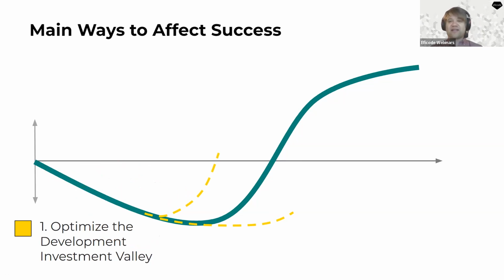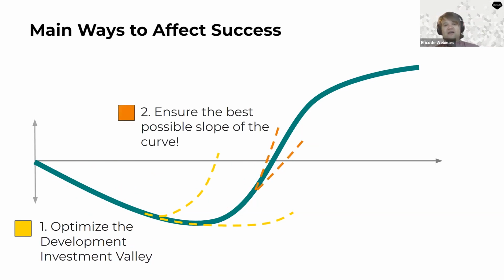That's the cost that goes before you start to earn any profit out of any product. So the smaller you can keep the surface of this curve, the less money you need to make in order to be profitable. So optimizing the development investment value is one thing.